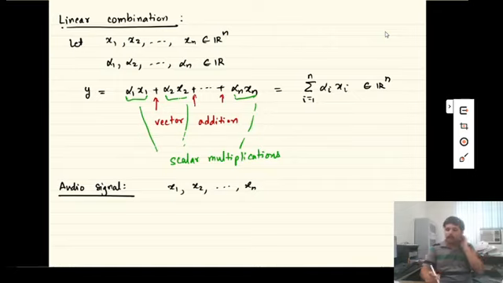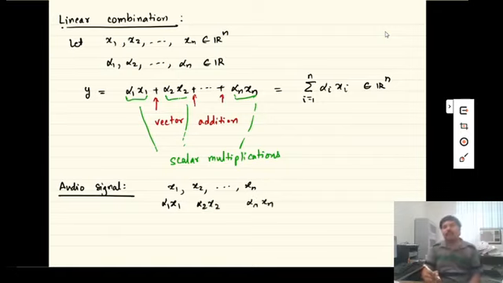Suppose x1 is a signal where somebody is singing, x2 is a signal where somebody is playing guitar, x3 is a signal where somebody is playing drums, and so on. Different instruments are being played in different audio signals. One audio signal is actually the song that you are singing, and then you multiply them with scalars: alpha 1 x1, alpha 2 x2, alpha 3 x3, alpha n xn.